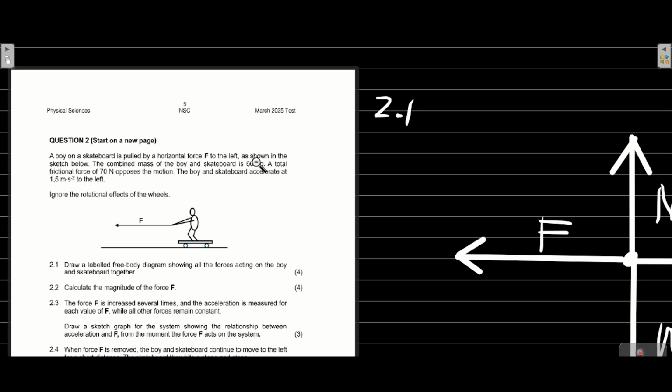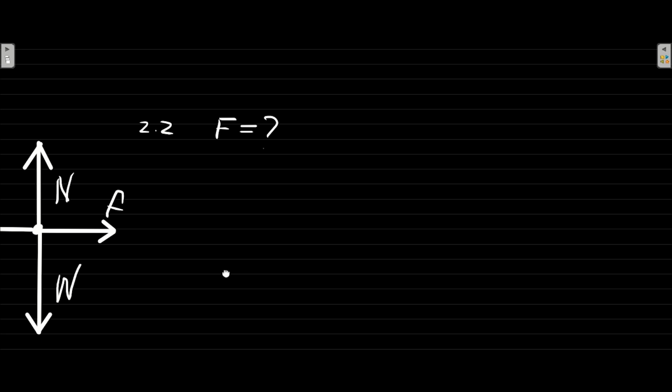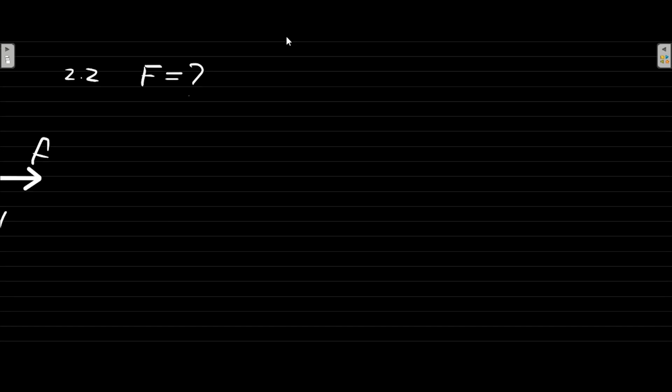So, the mass of the boy and the skateboard is 60 kilograms. And the frictional force is 70 newtons. And the acceleration to the left is 1.5 meters per second squared. Let's just write this down quick so we can have it nearby.